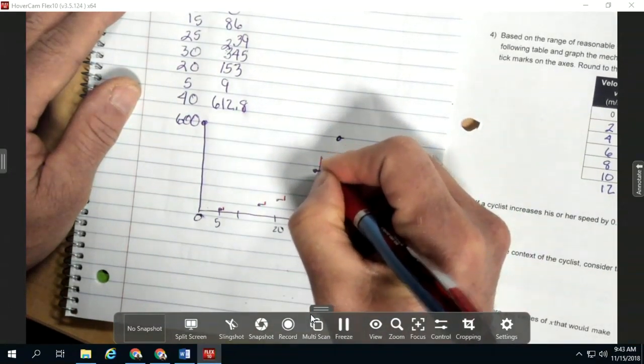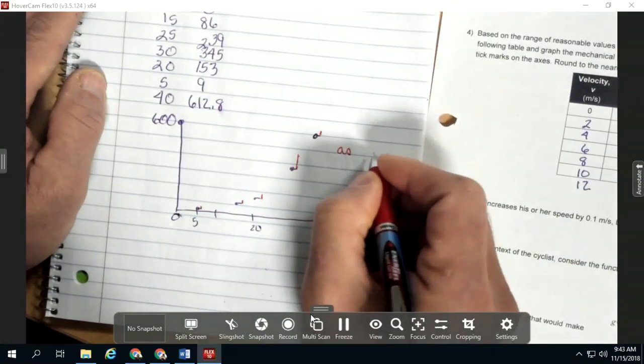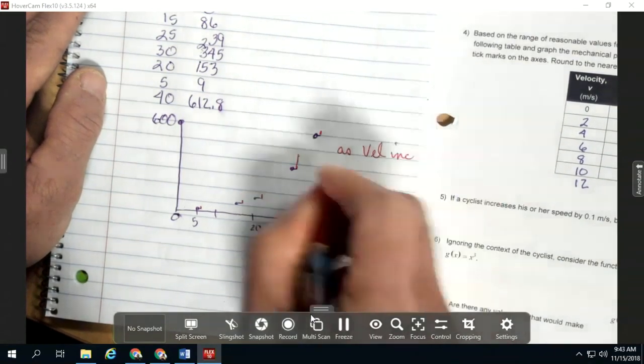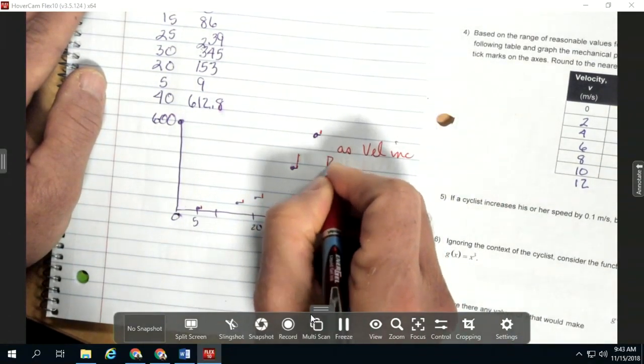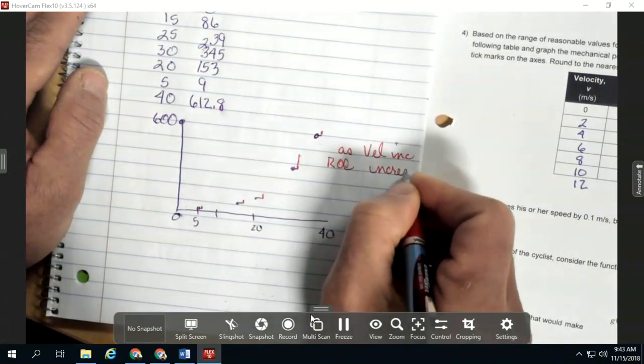It's getting steeper. So as the velocity increases, the rate of change increases.